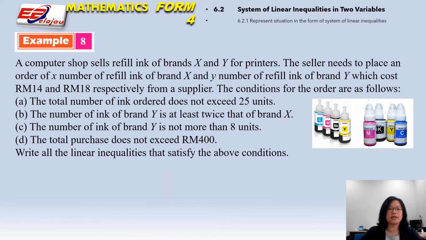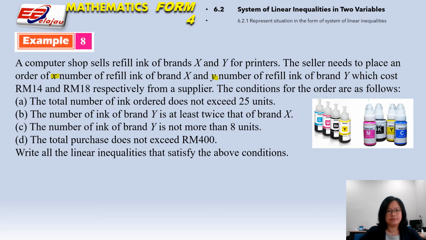Here is the next example, example 8. From this example, we also notice that the question is related to variables, that is variable x and variable y. Both variables represent the number of refilled ink. Hence, that refers to quantities.